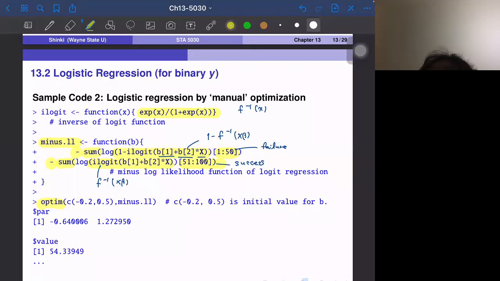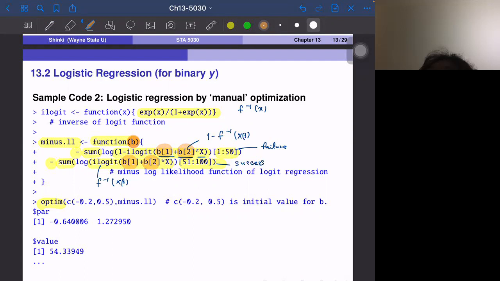So here, to define the function, the technique is that we should have only one input, b. To make b a vector, we use b of 1 and b of 2. This is necessary coding if you want to use the optim function.